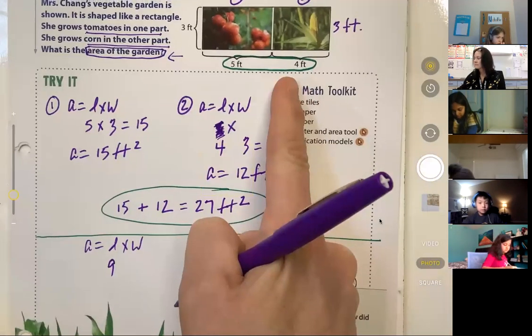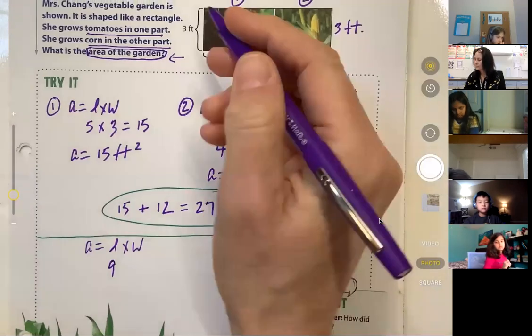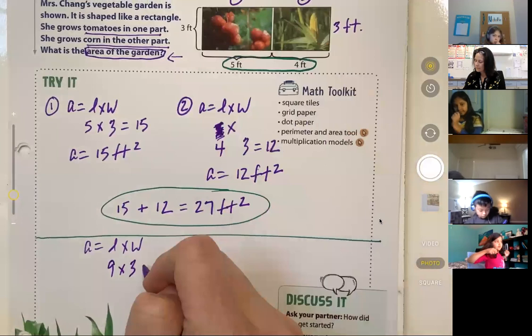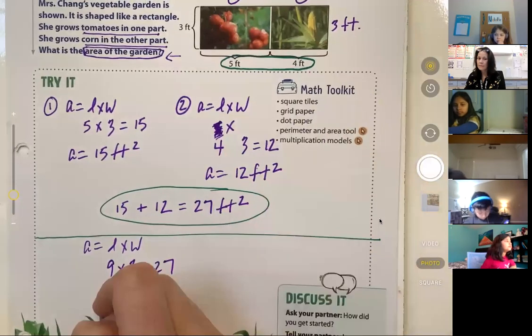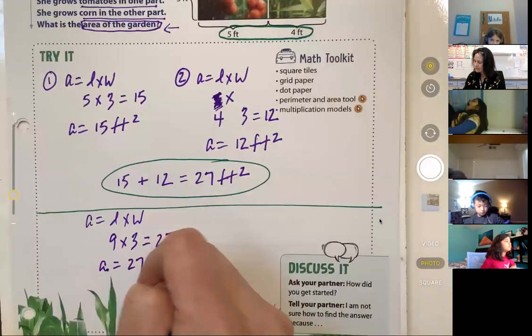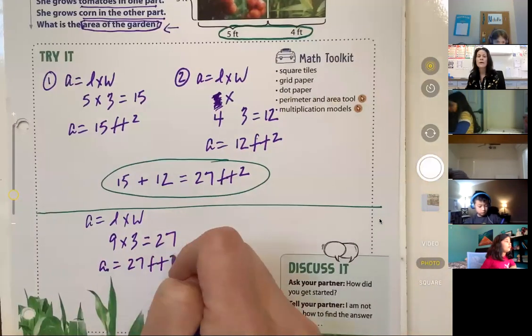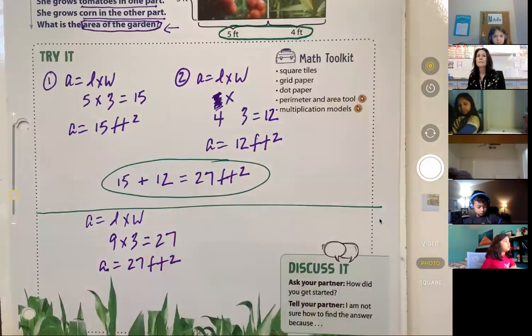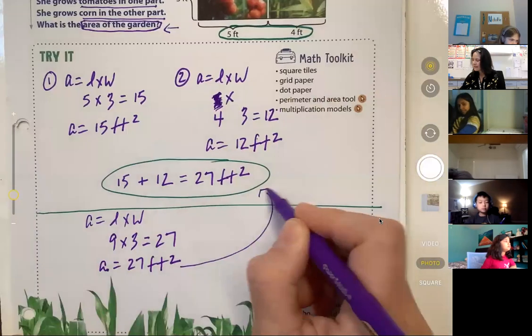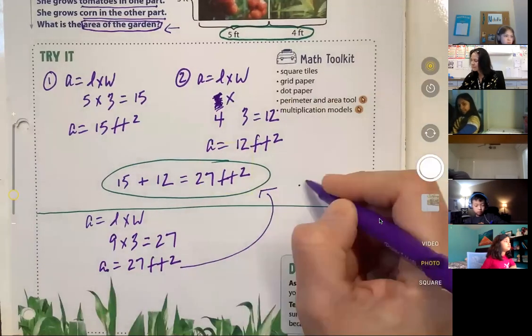The width remains the same. So my area would be 27 feet squared. And you will notice that it matches.